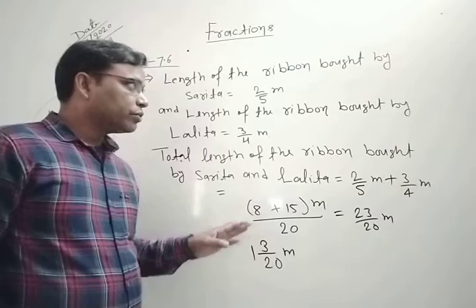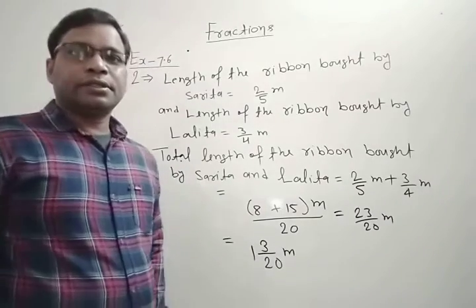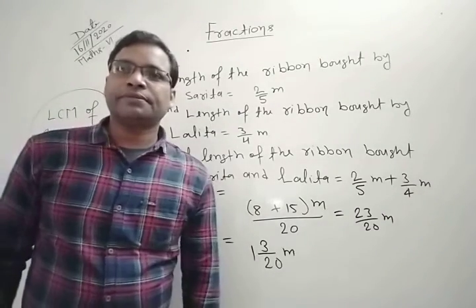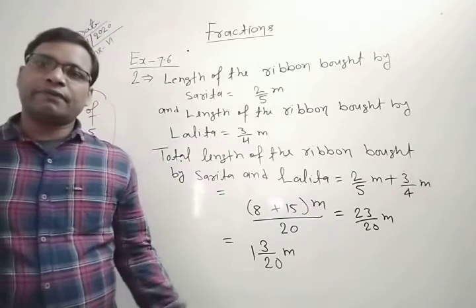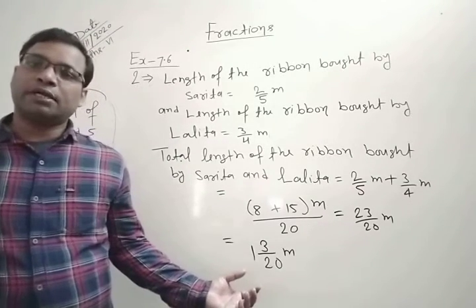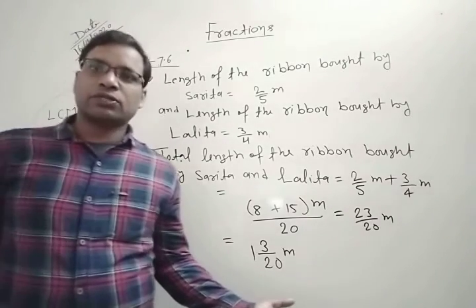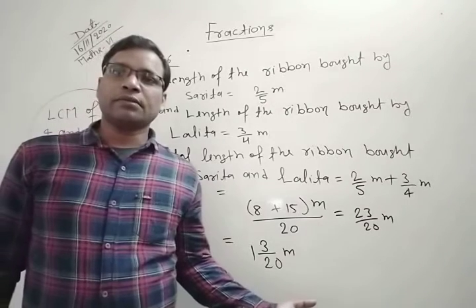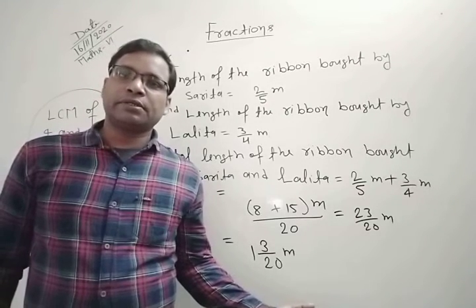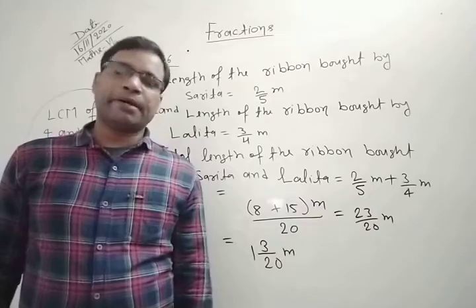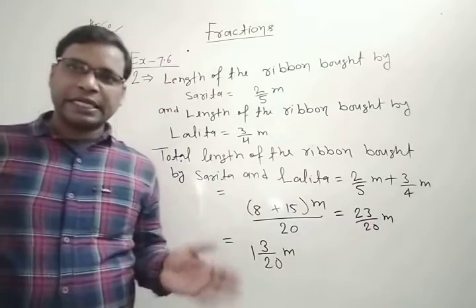Clear? In this question it is given that Sarita bought 2 by 5 meter of ribbon and Lalita 3 by 4 meter of ribbon. The question asks us, what is the total length of the ribbon they bought? They means Sarita and Lalita.